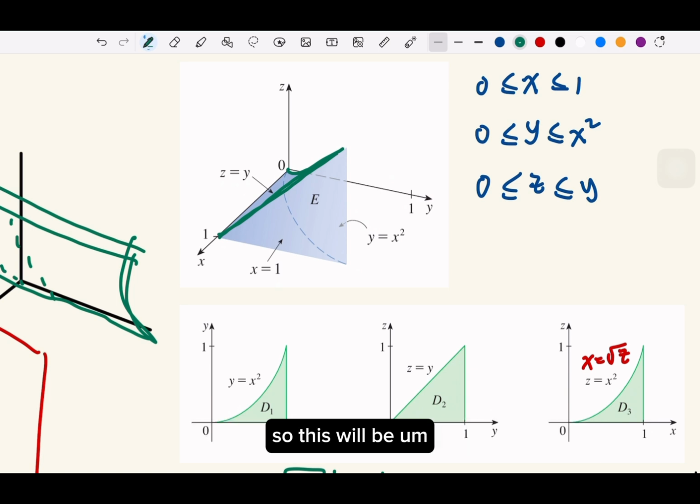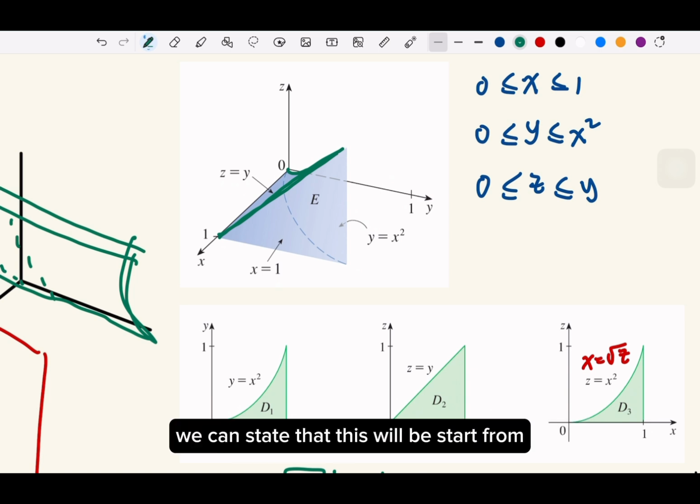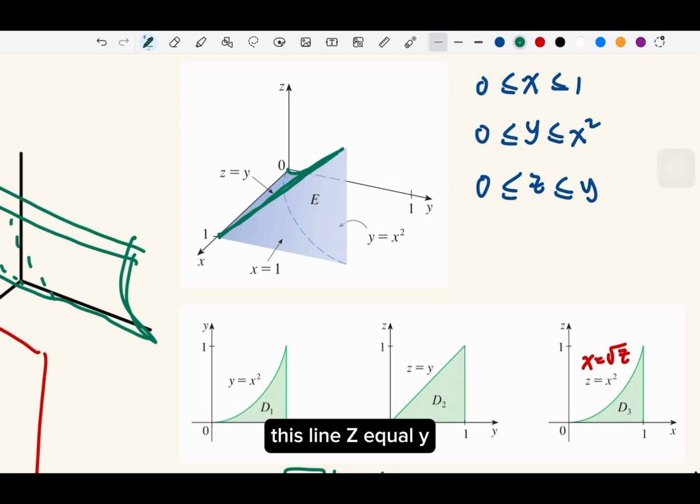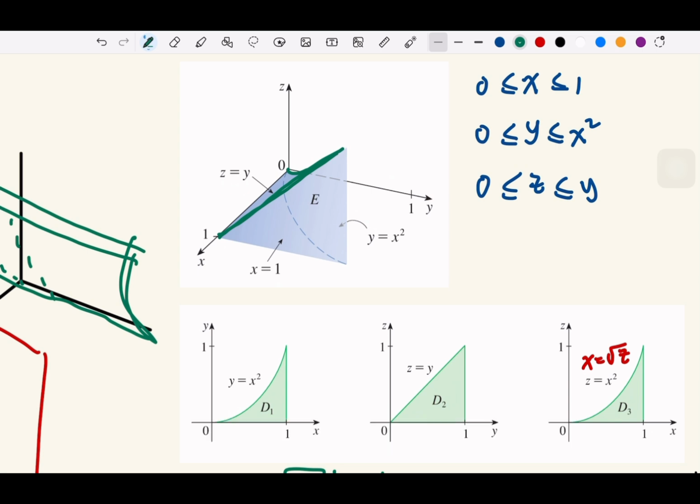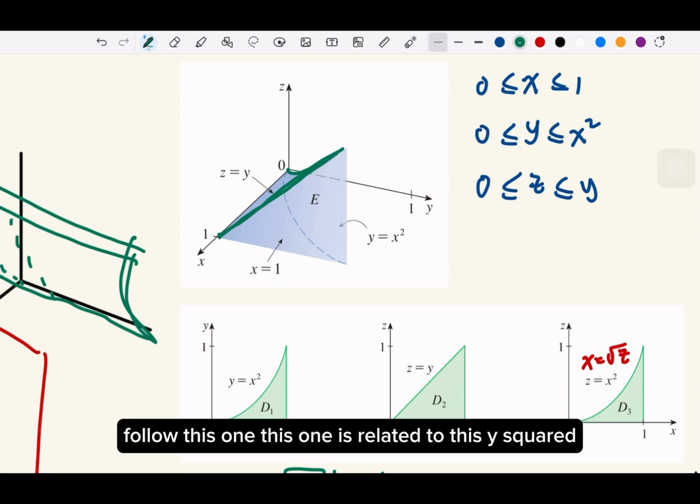So we can state that this will start from this line y equals z, and then end up with y equals, what will be this one? This one is related to this, y equals x squared, right?